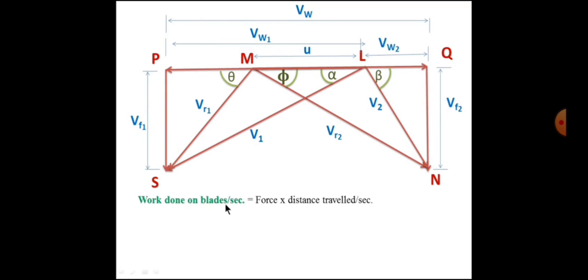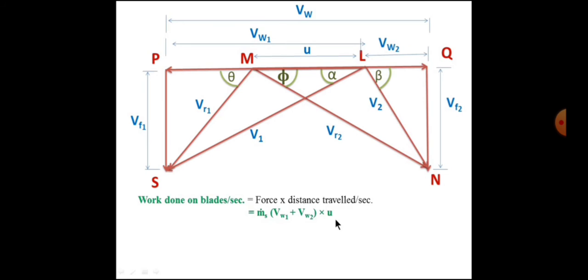Next is work done on the blades per second. For the formula for work done on the blades per second, we can write it as force into distance travelled per second. The general formula for work done is basically force into distance. But here as we have work done on blades per second, that's why we have written force into distance travelled per second. So again, as in the previous slide, we have seen the formula for force, which was m dot s into vw1 plus vw2.